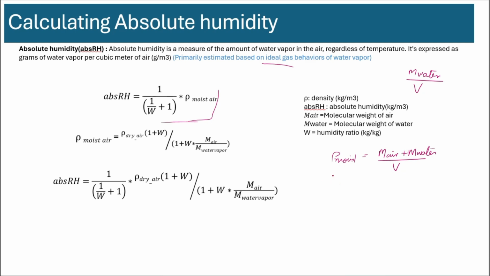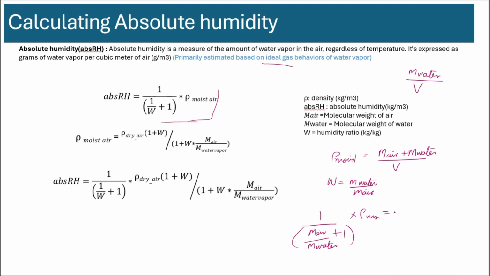And W is m water divided by m air. So if you write this equation as it is, what you will be basically getting is 1 over W, which is m air divided by m water, plus 1, times the rho of moisture.